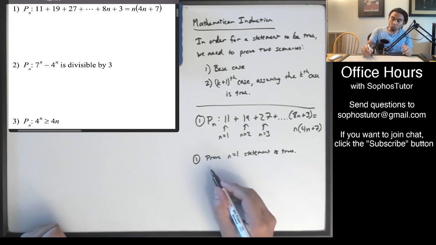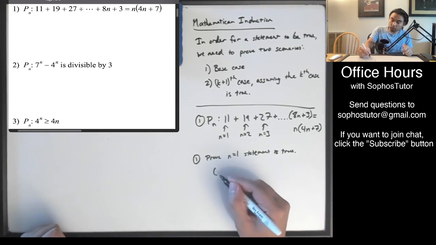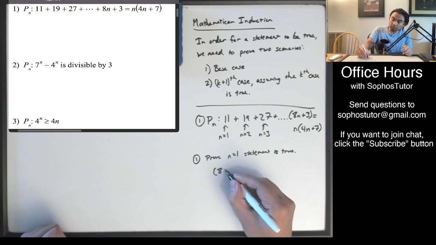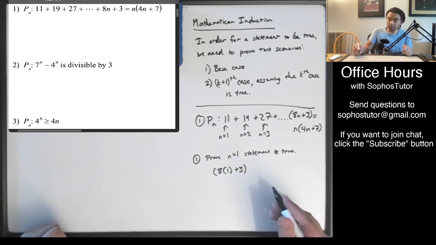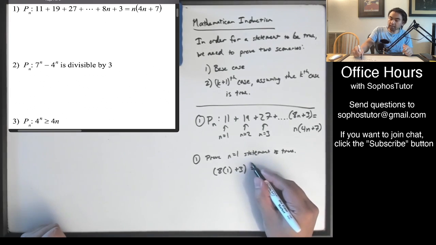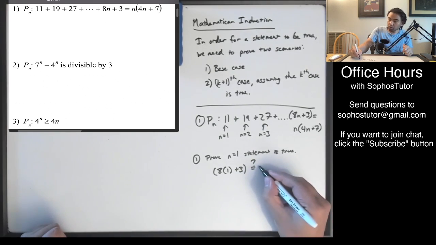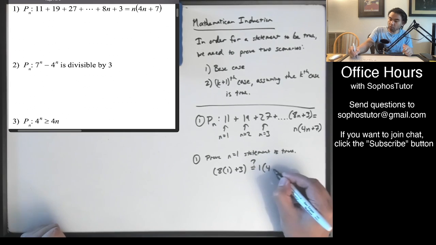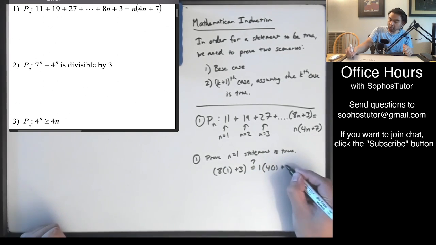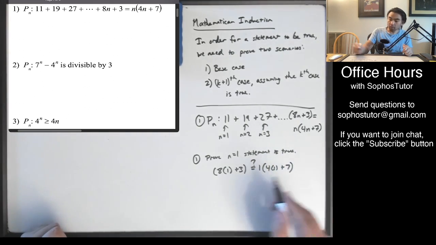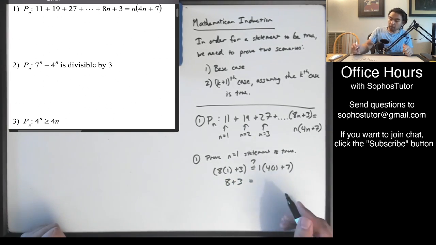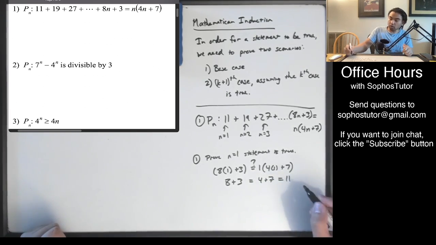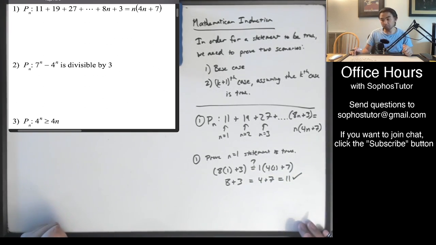So when n equals 1, we are simply just adding the first term, which is 8 times 1 plus 3. Okay? Now, is this equal to 1 times 4 times 1 plus 7? On my left side, this is going to equal 8 plus 3. On my right side, this will equal 4 plus 7. They are both equal to 11, and so now we have proven the base case is true.